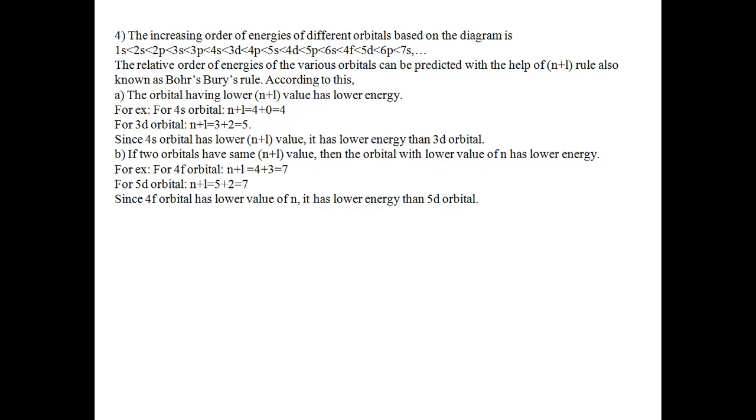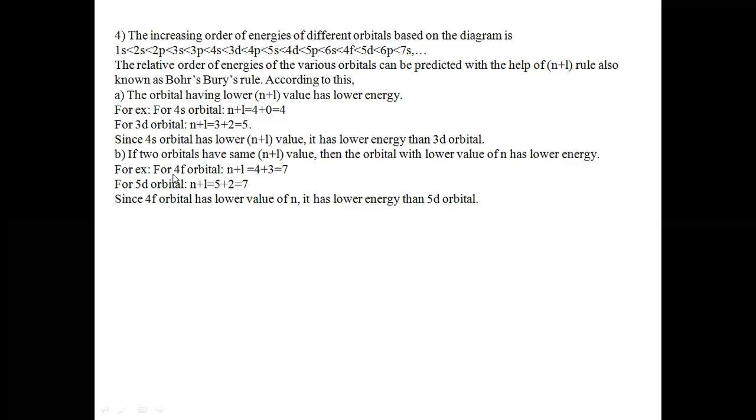In the second condition, if the two orbitals have the same n plus L value, in that case the orbital which is having lower n value, that is lower principal quantum number, will be having lower energy.